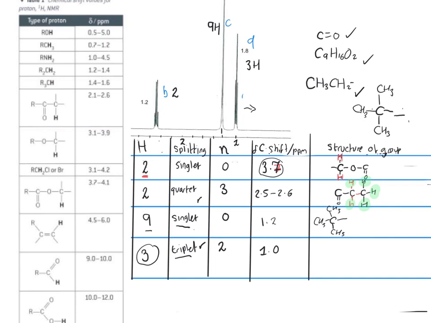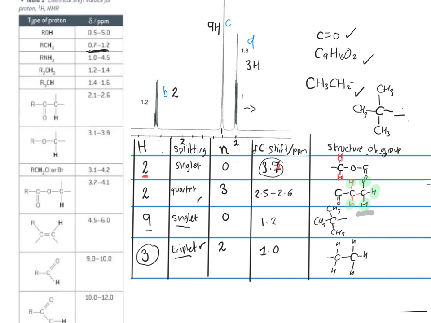So that must be this portion of the molecule here. So let's draw that out again. So it's the CH3, which is next to the CH2, and it's got the lowest chemical shift.